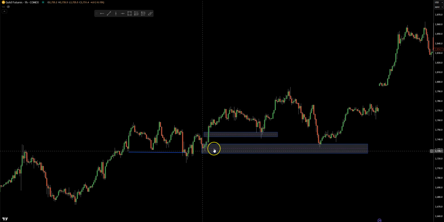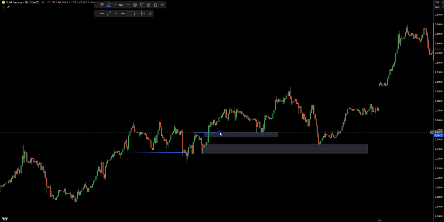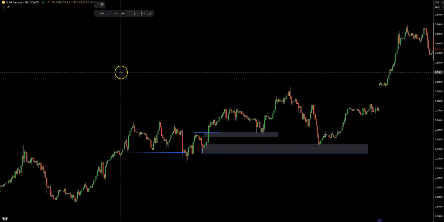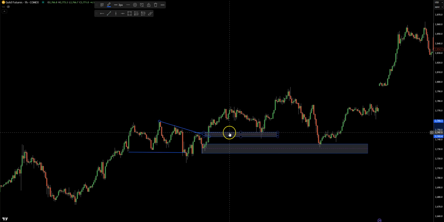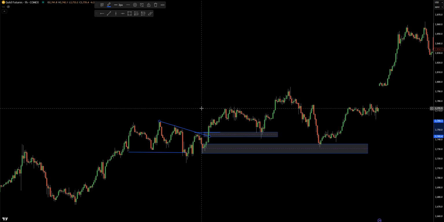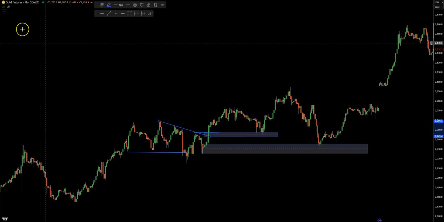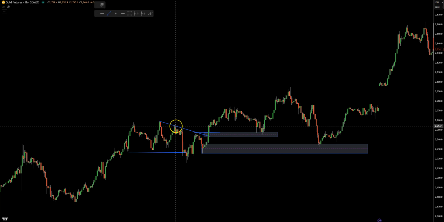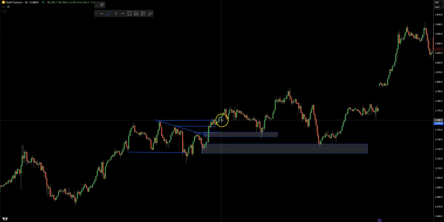So what did this zone accomplish? Let's look at that. We broke this structure very cleanly. We broke a 3-touch trend line very cleanly, very strongly. And then we went on to clear out this structure.